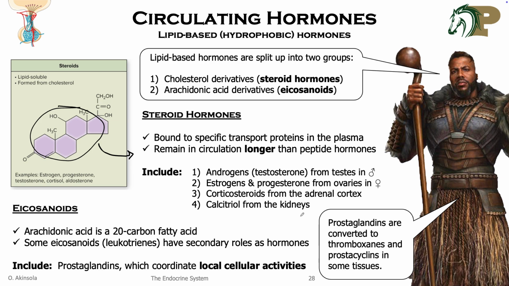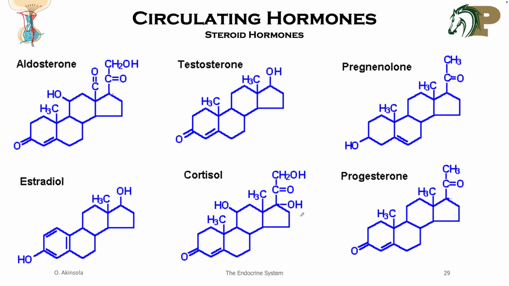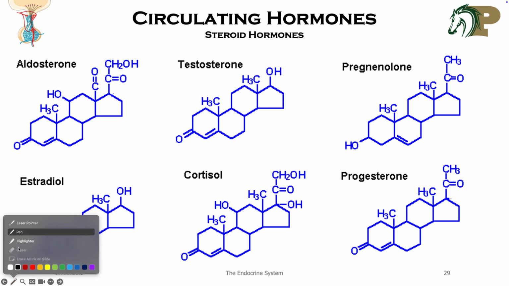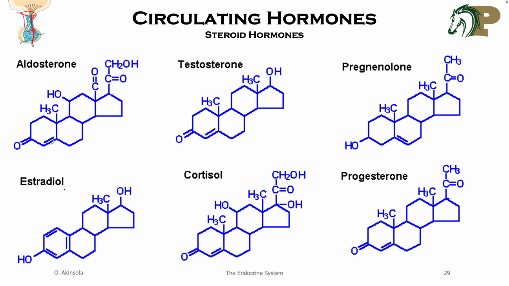So we're pretty much done there. Here are more steroid hormones. The point of this slide I wanted to show you is that all of them have this. I'm just going to highlight it here.